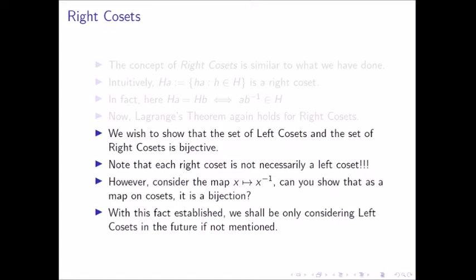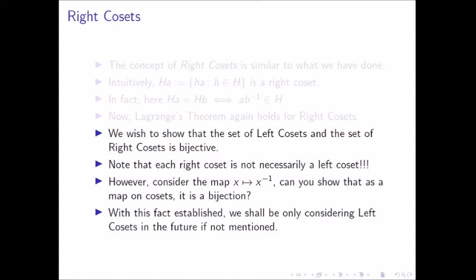So consider the map x to x inverse. Use this map to show that the set of left cosets and the set of right cosets are in bijection. This map takes any left coset gH, small g times capital H, to the right coset H g inverse. But the identity map is not something which will solve our problem.